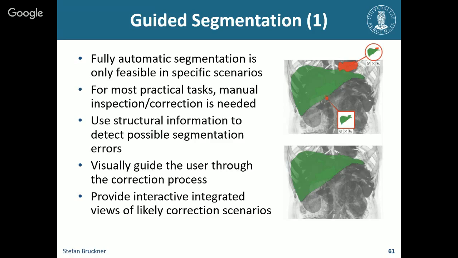We base this on the assumption that the automatic algorithm will at least provide us a good approximation of the shape of the object to segment, in this case, for example, a liver, and we can then take a look at the structure and detect likely candidates for wrongly selected regions, and then provide integrated views for the user to correct the segmentation.